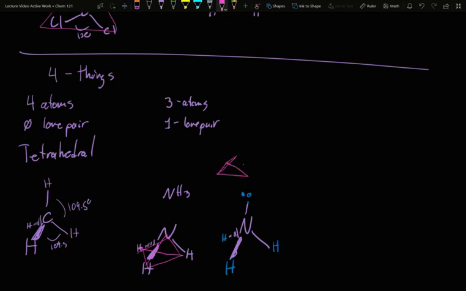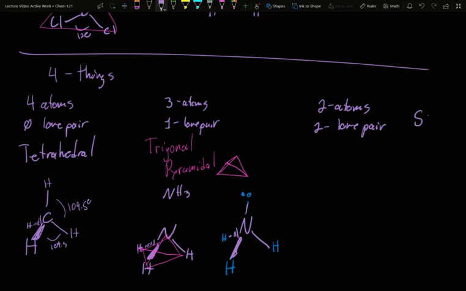This looks like a pyramid with a triangle base, and its name is trigonal pyramidal. So when you have four things, three are atoms and one is a lone pair, you will have a trigonal pyramidal molecule.